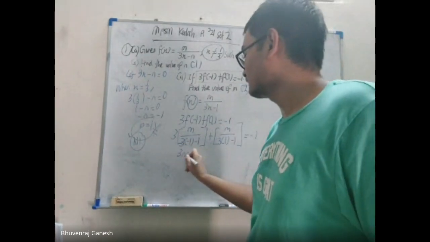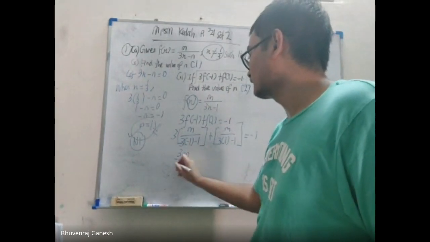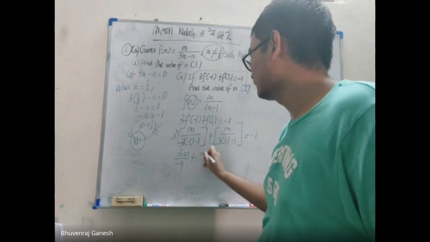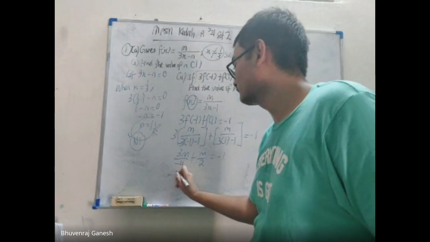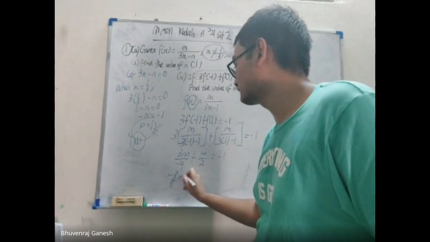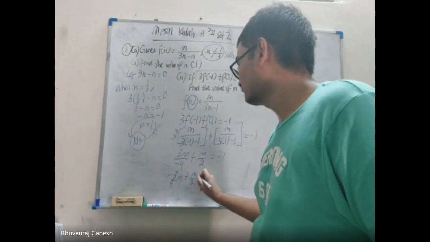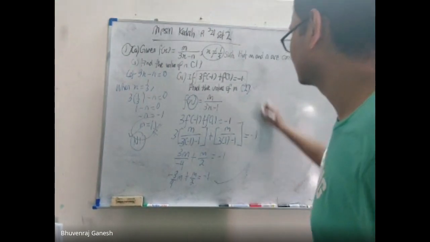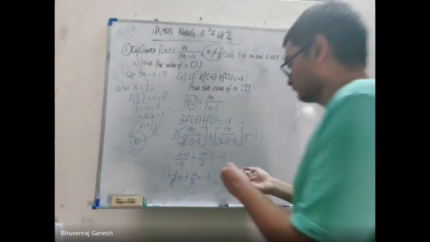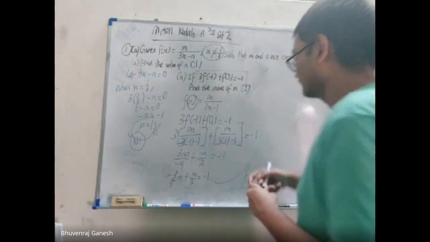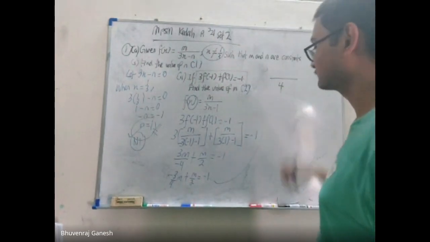No? 3m over negative 4 plus m over 2 is negative 1. So you could shift the negative to the top for the fraction. And to make it equal you can do a method like this if you want, error-free. So you will make the whole denominator as 4.